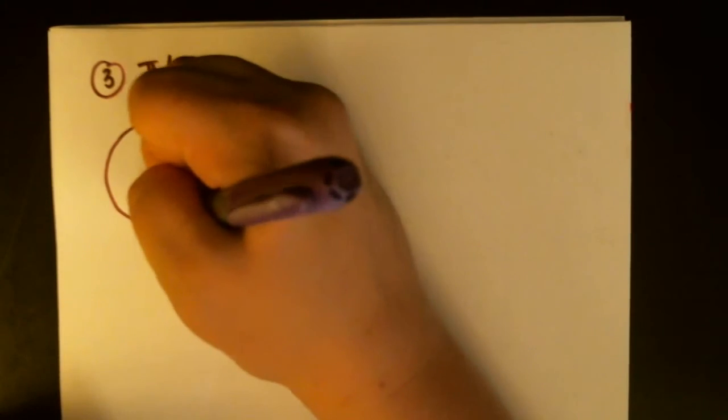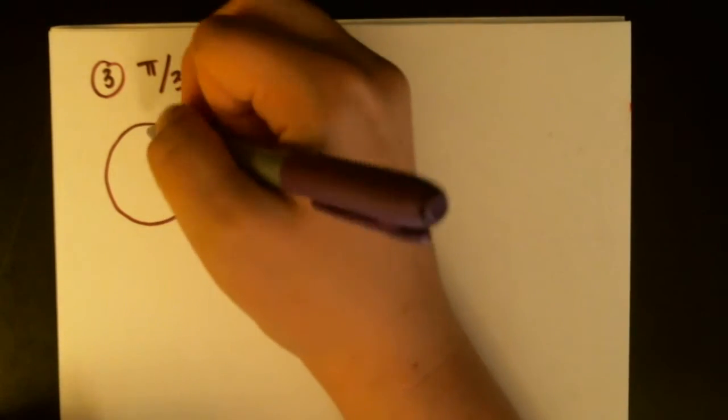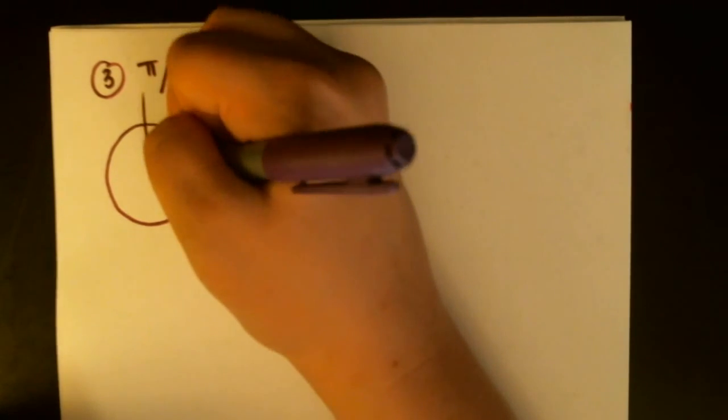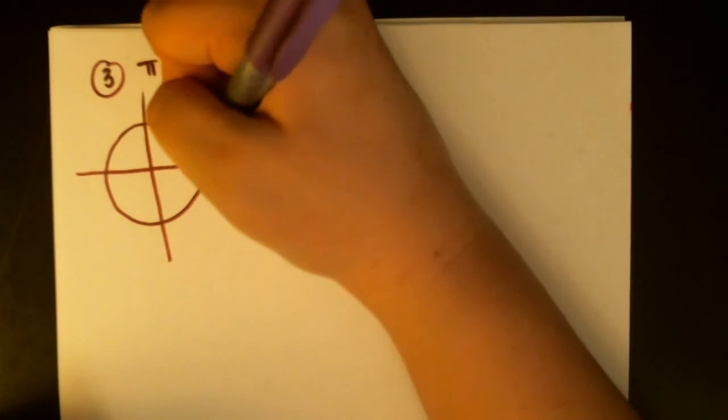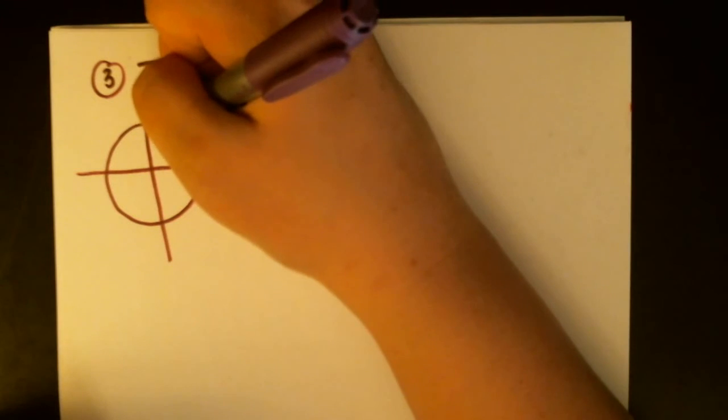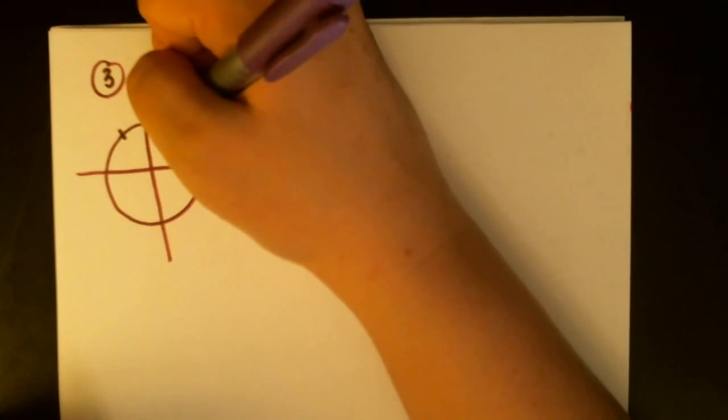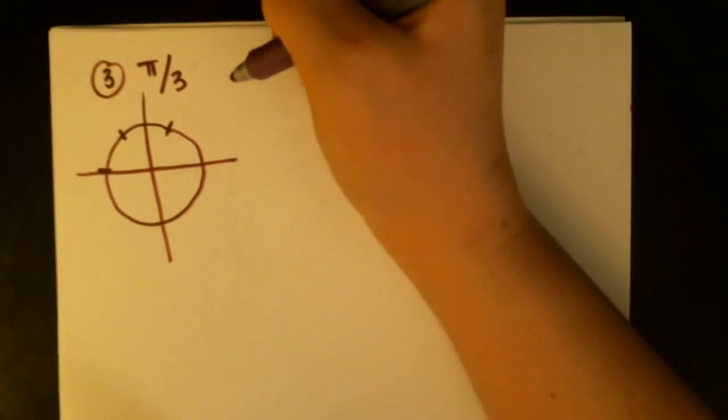The pi over 3s. We don't actually end up having to do much work for them because if you'll recall, the triangle that we drew before had pi over 3s in it. So let's see. Can I draw this nicely. Okay, so we wanted to picture taking our pi and dividing it by 3, so we get 1 up here, 2 over here, so 1 pi over 3, 2 pi over 3, 3 pi over 3 is equal to pi.